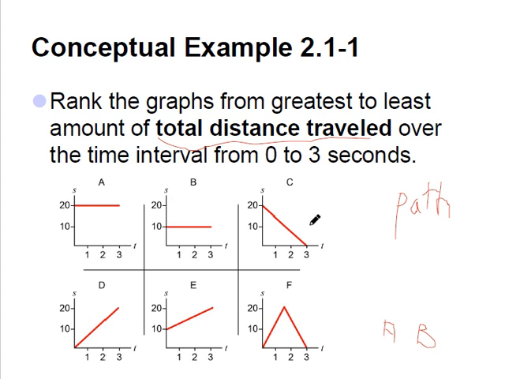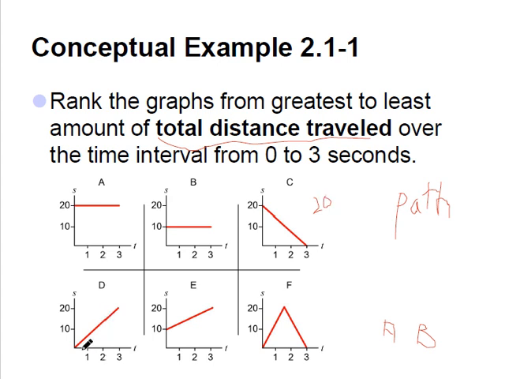Then when you get to C, it has a substantial change in position, because look at that, position started at 20 and then 10 and then 0. So therefore it has traveled 20 to 0. That's altogether 20 total distance traveled.